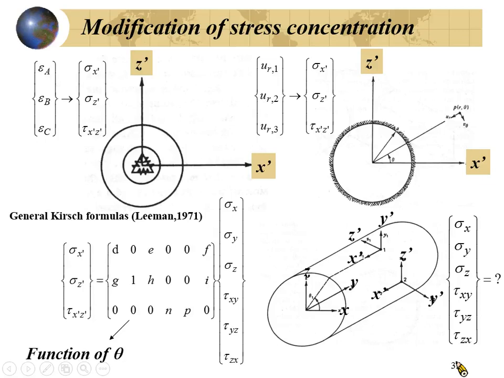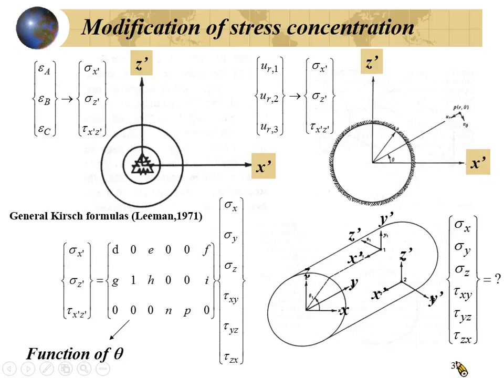Right now, this will be three-dimensional. If you have a tunnel, and I have a boundary stress, sigma x, sigma y, and sigma z, then at any single point around the tunnel, I can calculate sigma x prime, sigma z prime, and tau x prime z prime.